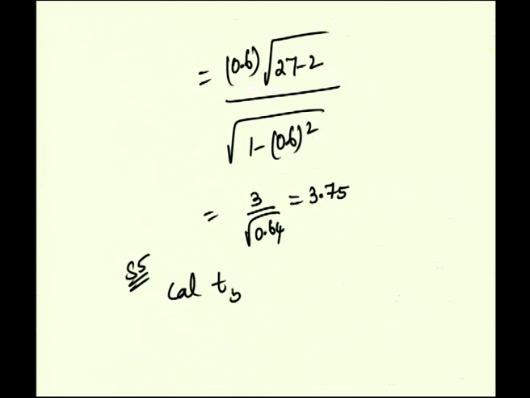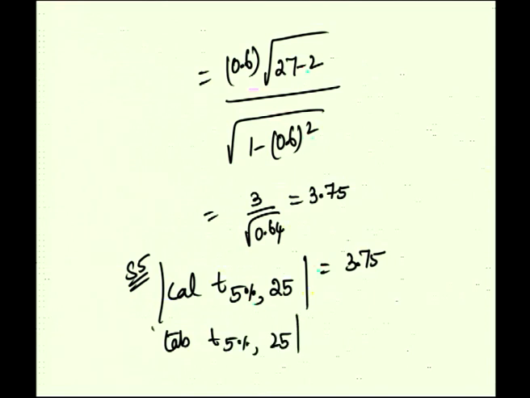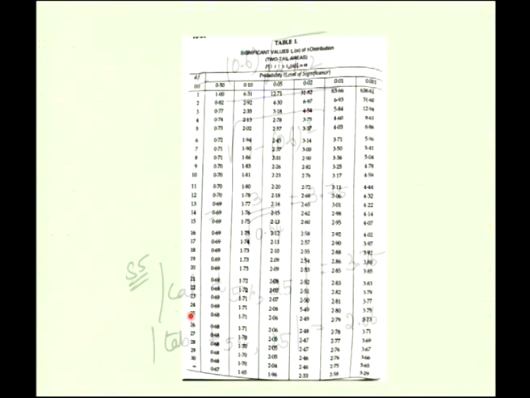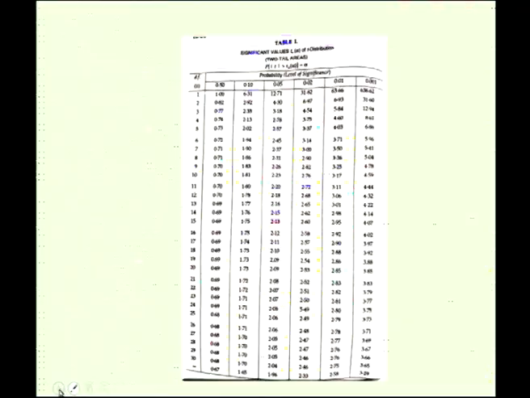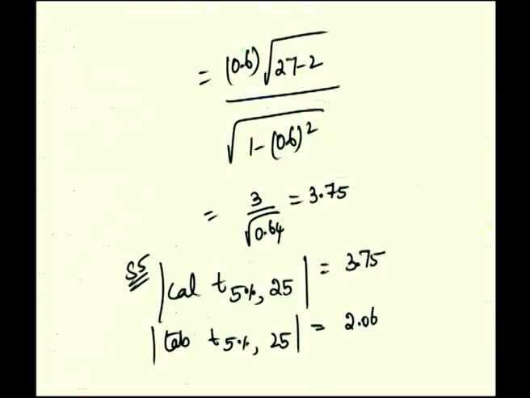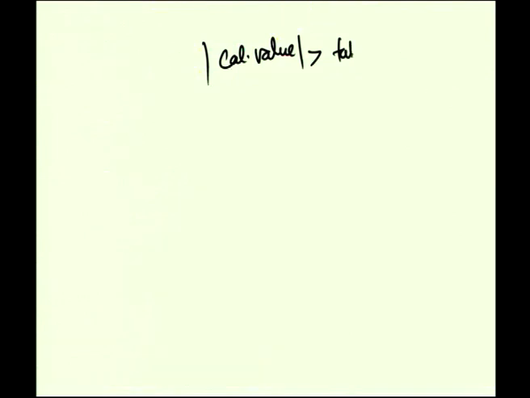Calculated T at 5%, 25 degrees of freedom is equal to 3.75, whereas tabulated T at 5%, 25 degrees of freedom from the tables is 2.06. Calculated value is greater than tabulated value. So, H naught is rejected.